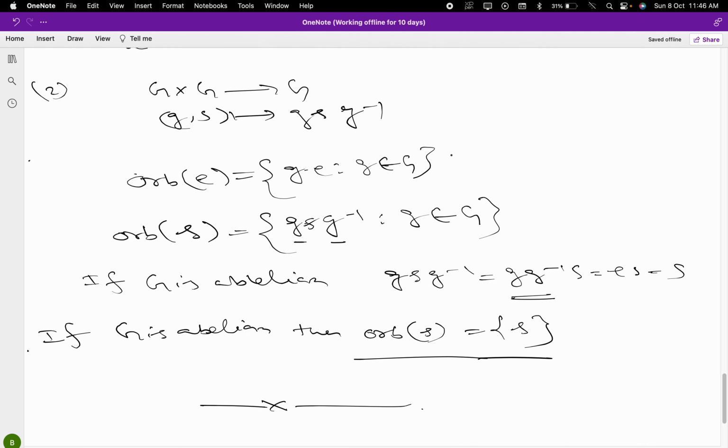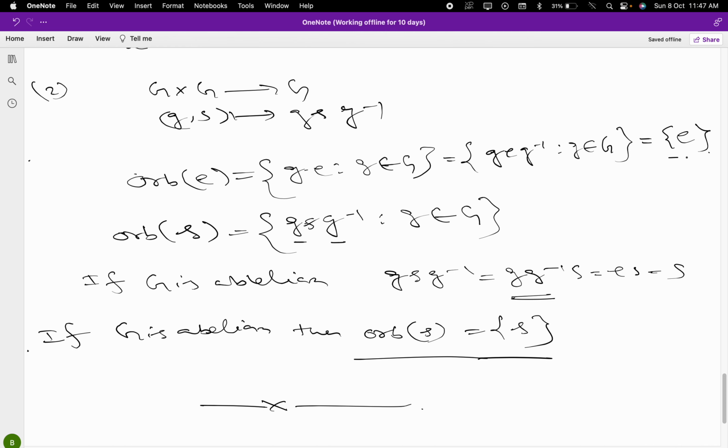So what is it by definition? g e g inverse, where g is inside G, is actually nothing but the identity element. Sorry. The orbit of any element e is actually G dot e, which is g e g inverse, which is actually the identity. This and this will give you g inverse, and g inverse operating with g will give us the identity, right?